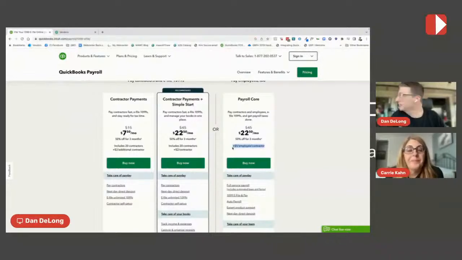So if you have payroll service, it's $5 per employee, and then for premium and elite, it's 8 or 10. But if you don't have the payroll service, you can use the contractor payments, which is $15 a month after the introductory period, and that includes 20 contractors with a $2 surcharge after 20. So hopefully that clarifies that.